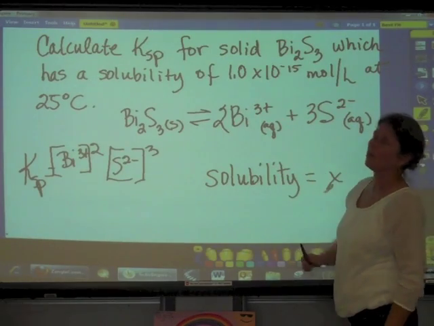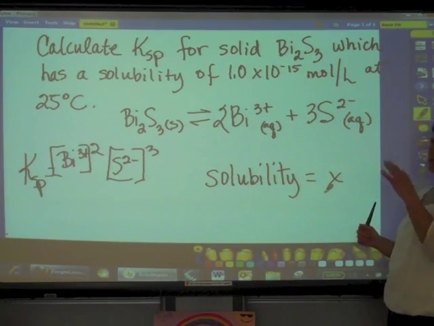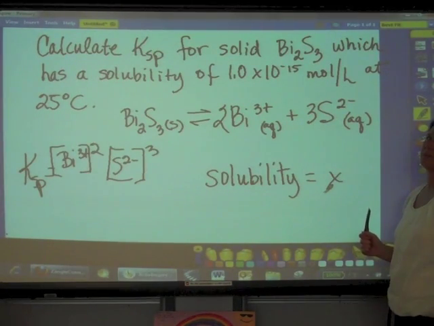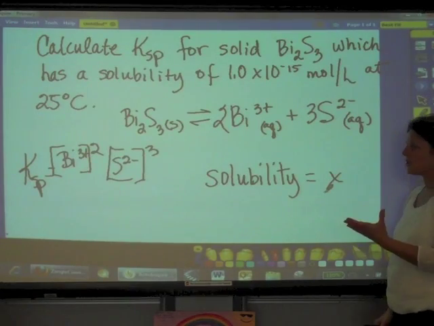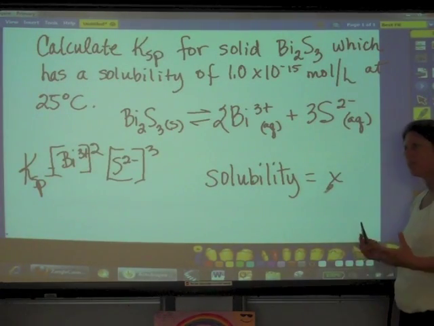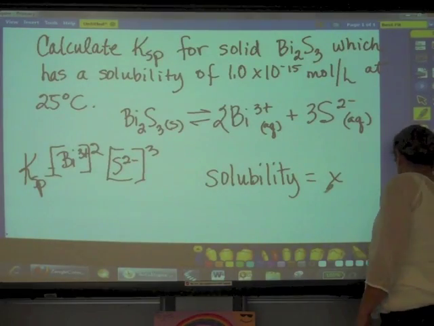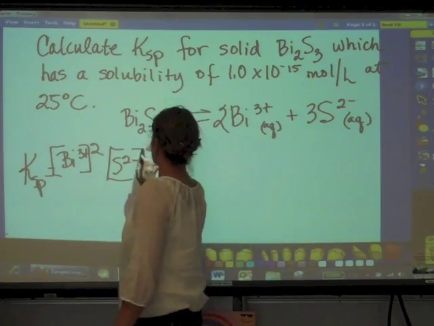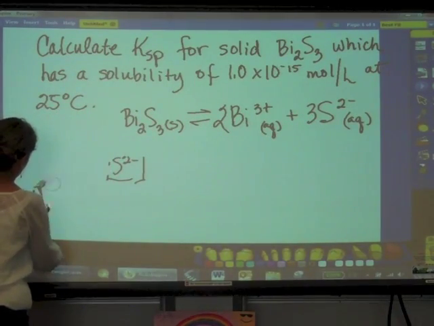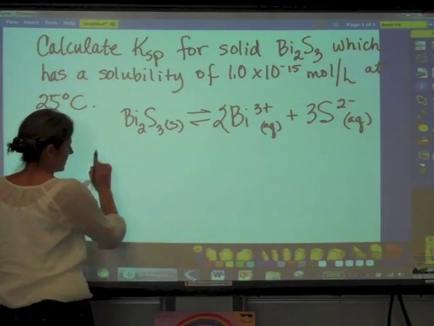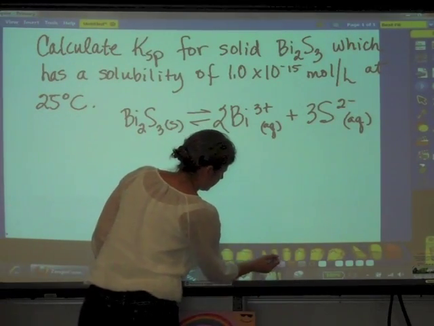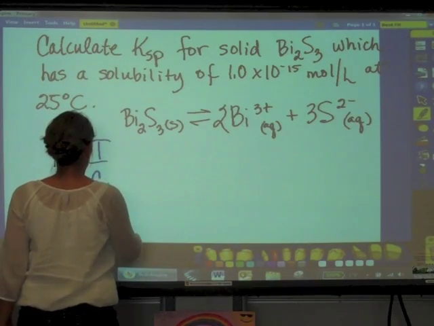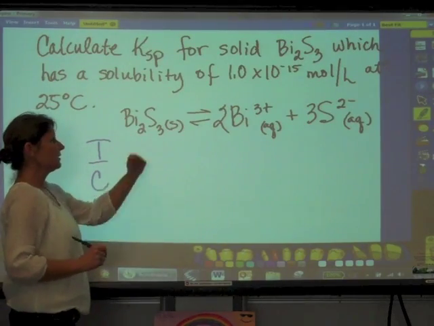It is whatever the solubility is that's given in the problem, and clearly we could go backwards from this as well. So now that we know that, can we just go back to a nice diagram and fill in? Well, yes, we can. So let's do it. I'm going to erase this, and I'm going to erase this so that I can use this thing. Let's make it blue. Okay, ICE. Now, the thing about solubility is solids.